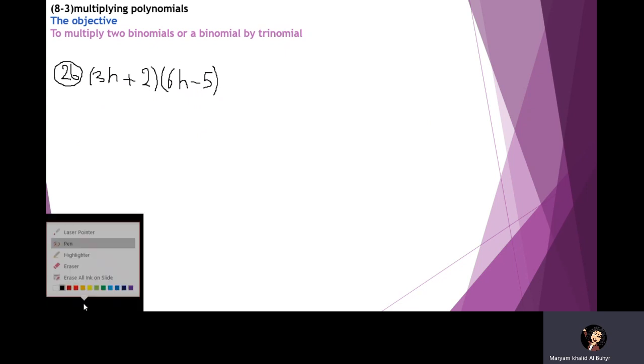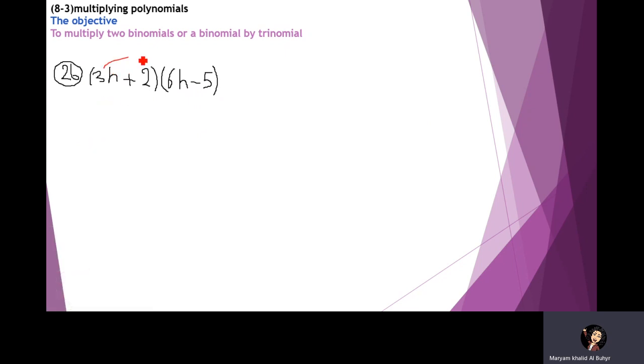So I immediately will just use the third way, which is the easiest way. That's what I believe. Just take this term, multiply it with the second and the third. This one, do the same thing with it. So let's do that. 3h times 6h, I will look at the numbers first. 3 times 6, 18. h times h, which is h to the power 2.